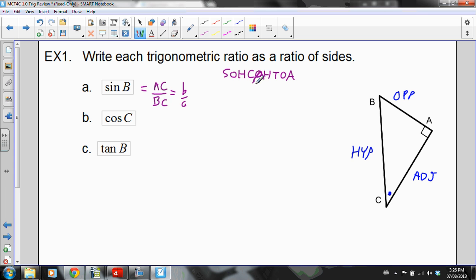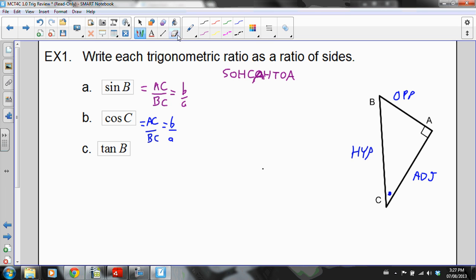So the cosine is adjacent over hypotenuse, this side over this side, AC over BC again. That's just coincidence. So it's the same as part A, b over little a.